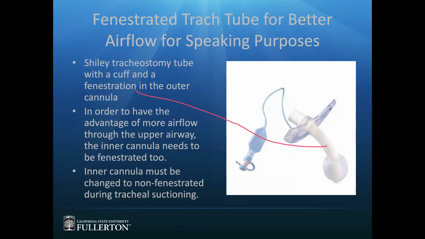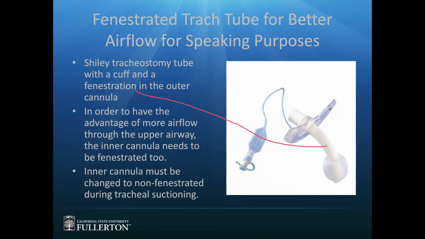If you put a fenestrated inner cannula in, there's actually a hole here that goes all the way into the inner cannula. And as the person breathes, and you generally would do this with a cuffless or a cuffed deflated tube, air can come not only up and around the tube and up through the upper airway to vibrate the vocal folds and to be articulated with, but also up through the tube to this point and through the fenestrations, and then up the rest of the way through the upper airway.